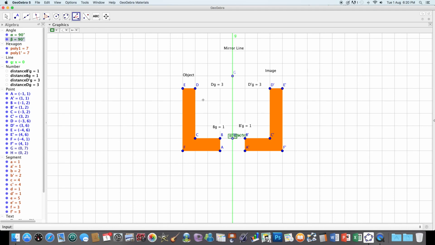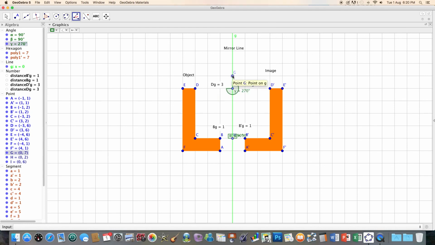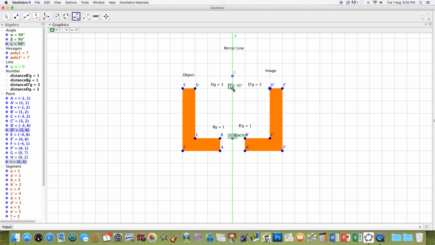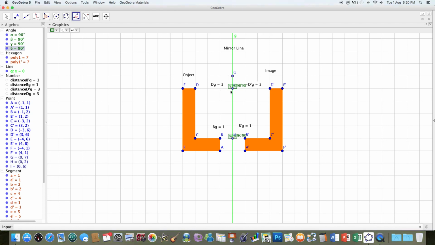The same happens up here. If I put another point in here and now put in the angle D to G, I'll come back the other way again. So that's 90 degrees, as is this one here. So again, that is 180 degrees, and this line will be the perpendicular bisector.